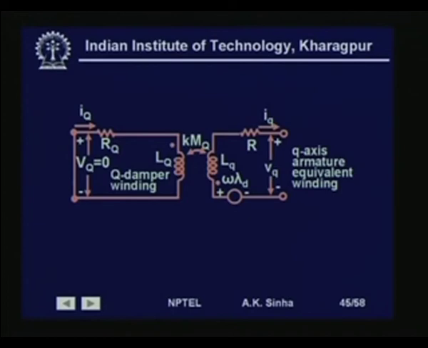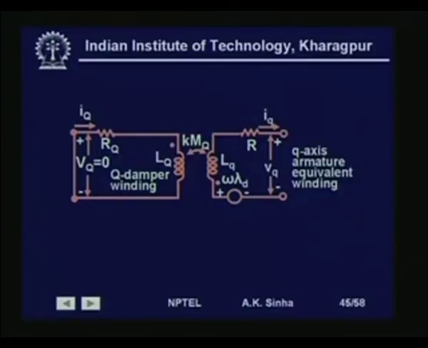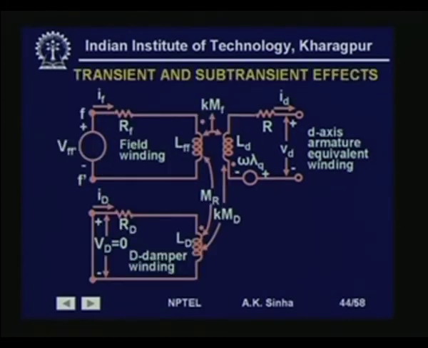So, we have x q and x q double dash, which we use for the subtransient part. X q dash is generally not there. So, x q dash normally people take the same as x q, whereas in the case of the direct axis, we have x d double dash, which is much smaller than x d dash, and which is smaller than x d as such.